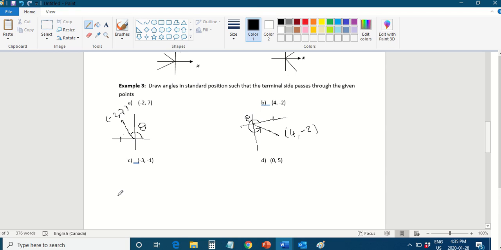Okay, so for the next one now, we have x to be -3, y to be -1, so x is -3 somewhere here, y is -1 down, so this point right here is -3, -1. We sketch the terminal side somewhere here, and the angle from the positive x-axis in the counterclockwise direction, we'll call this theta. And for the last one, we have x 0, y 5, so it's somewhere here. So the angle in standard position will be 90 degrees from here to here.